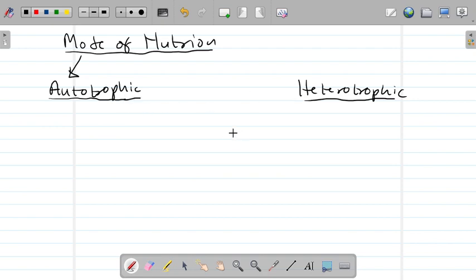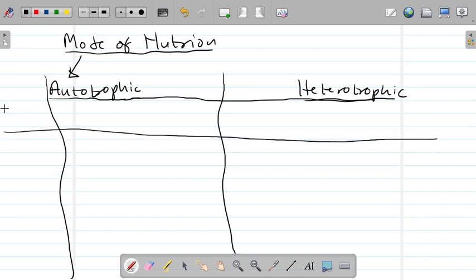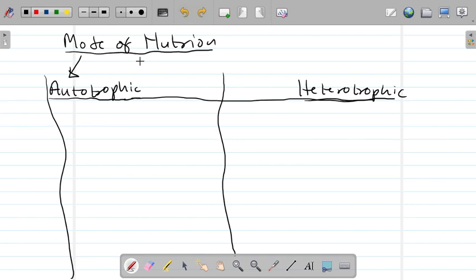Heterotrophic, organisms that absolutely cannot make their own food, right? So what are examples of these heterotrophic and autotrophic bacteria? Right. So let's look at different types.